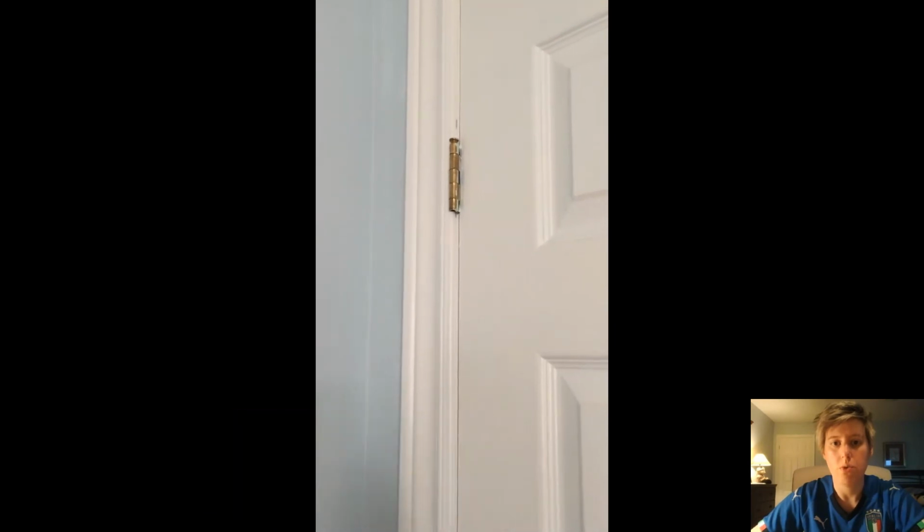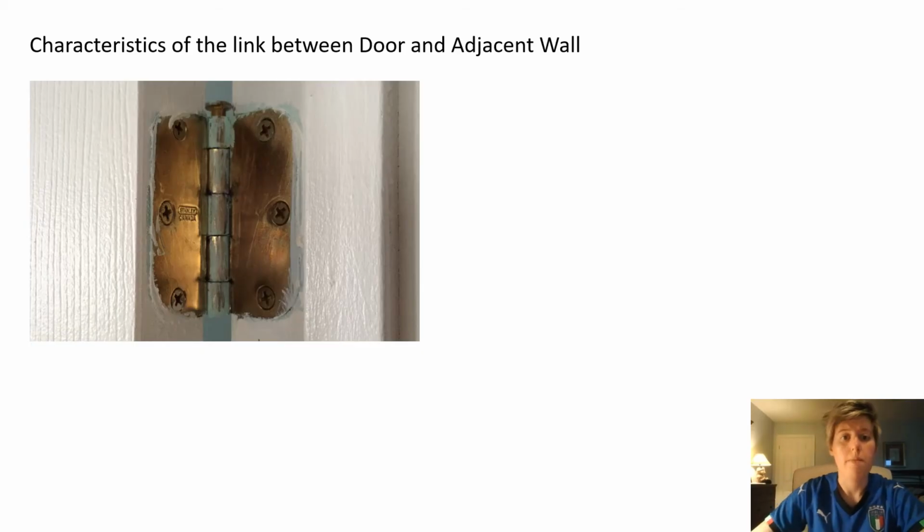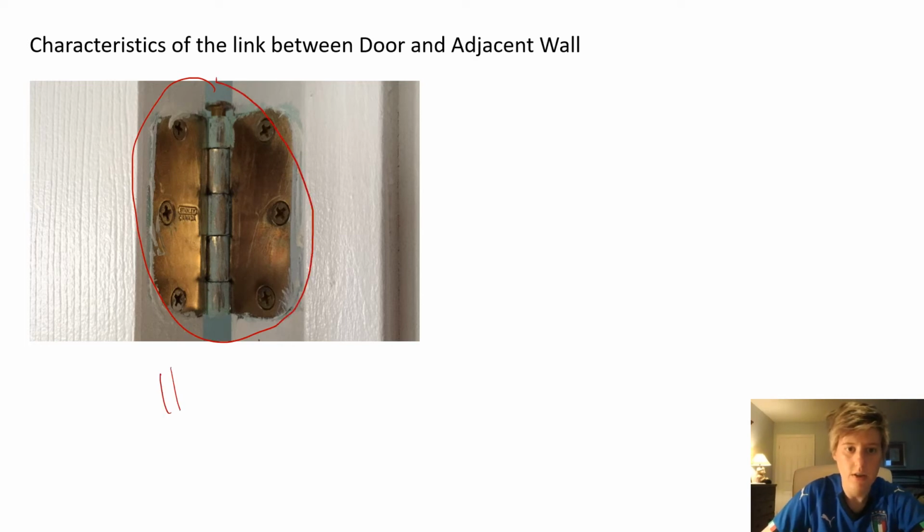We have the door and we have the wall, and then we also have the other angle of the door and the wall moving. Again, we have our hinge right in the middle. I'm just going to circle our hinge in red. This is our hinge.